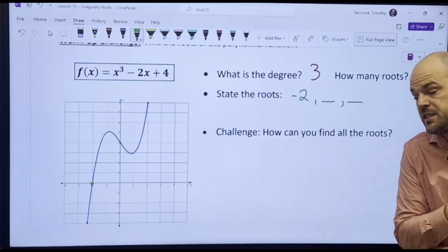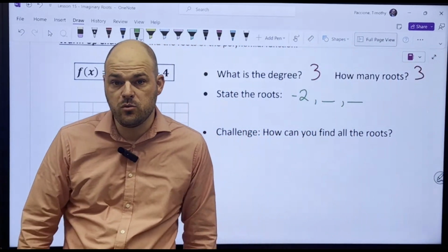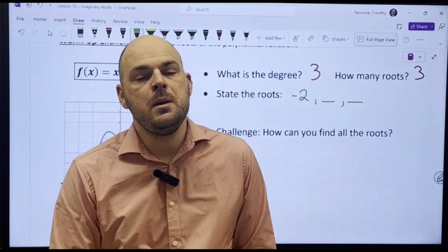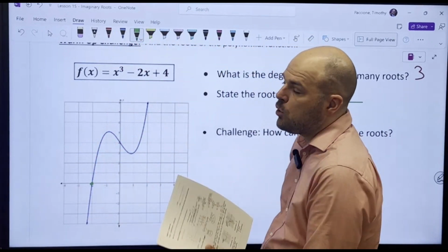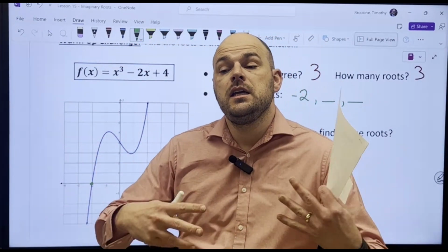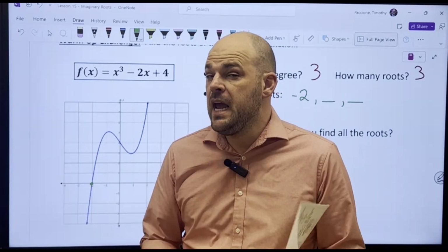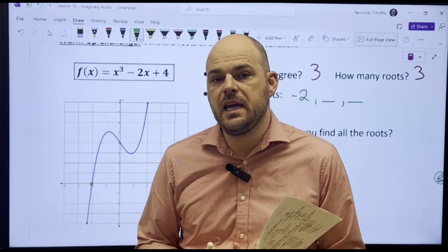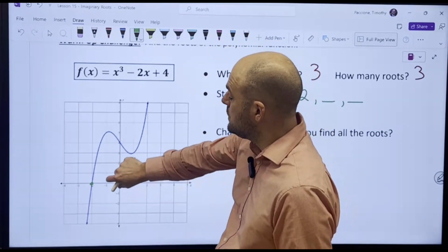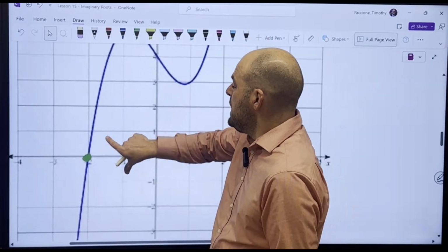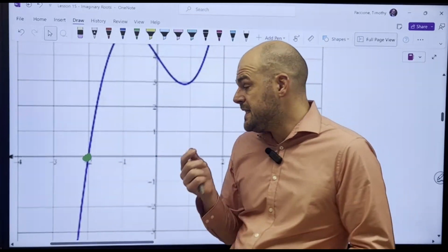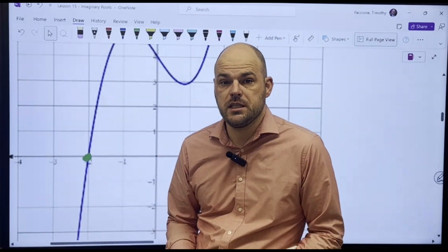Now, in yesterday's lesson, we talked about, maybe it's a double root, maybe it's a triple root. But then we learned that a single root just crosses, a double root bounces, and a triple root changes concavity. So if we look at this root, this -2, and we look at the behavior, we can see that this root just crosses the axis.